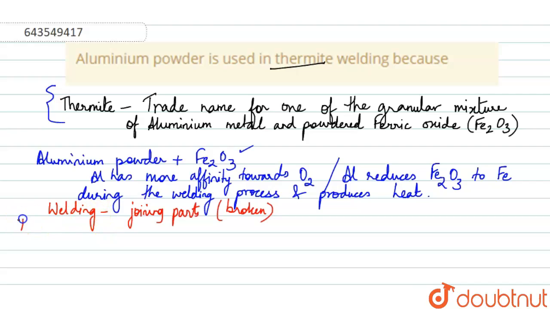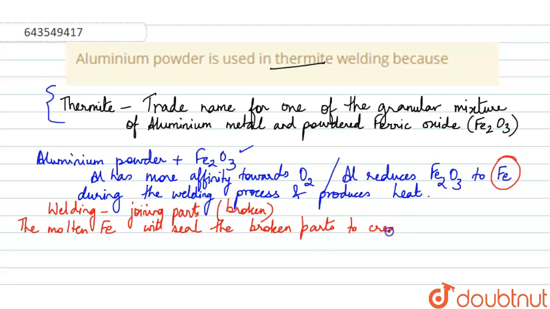So, the molten Fe that is formed will seal the broken parts of anything where welding is used to have a strong bonding or to create a strong bonding.